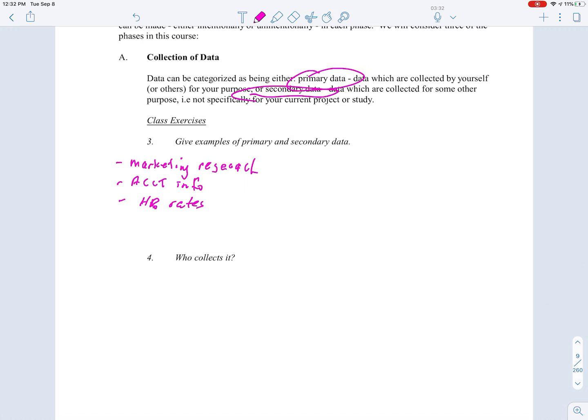You might be interested in just your own poll, if you're interested in how people feel about something. You could go and ask your friends, hey, I want to ask you this question, tell me your thoughts on this. That's collecting primary data. But anytime the data is being collected by you for yourself, or you could hire, say, a marketing research company to come in and do a survey for you, then that's primary data.